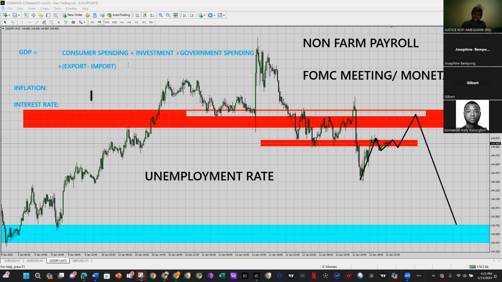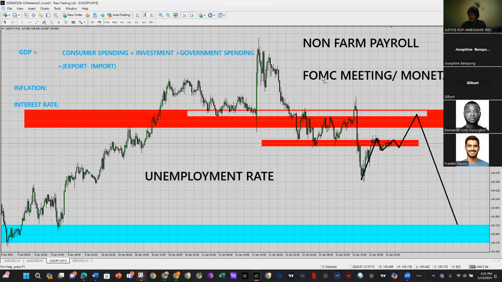So FOMC or monetary policy meetings are also very important news events. The reason is that whenever they are talking about monetary policy, they are actually talking about the progress of the country, some of the things they want to do, some of the things they don't want to do, what is the way forward. In Ghana, it's like budget reading. So the US FOMC is similar to reading of budgets when you come to Ghana.